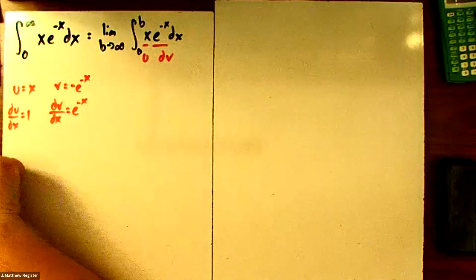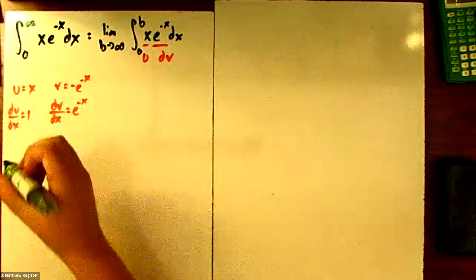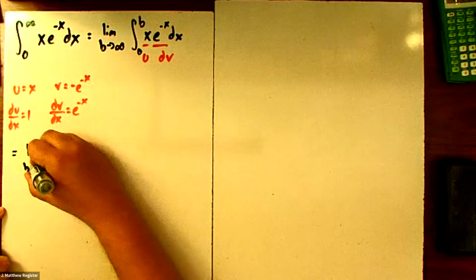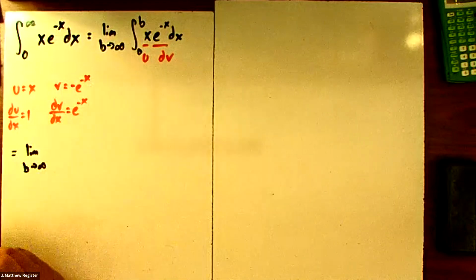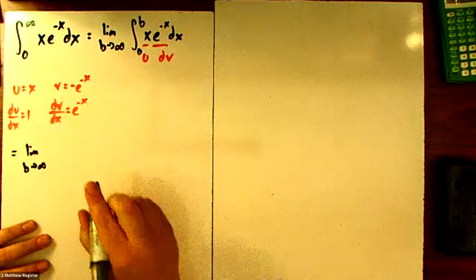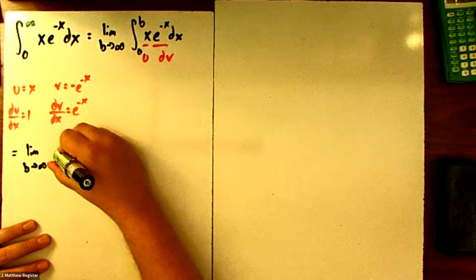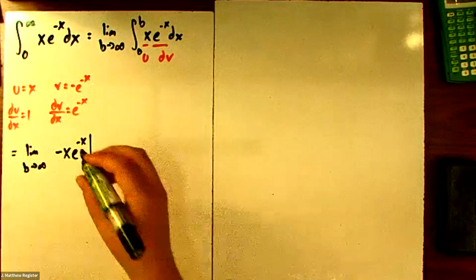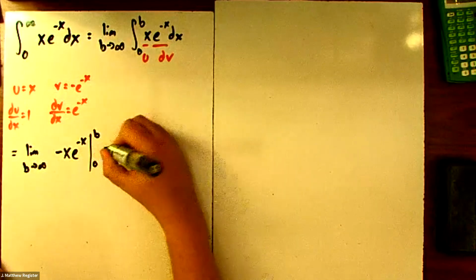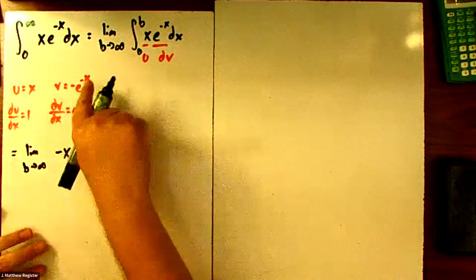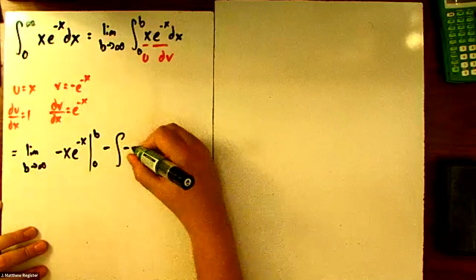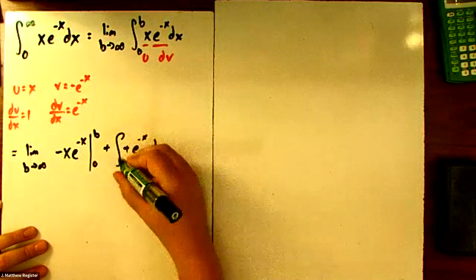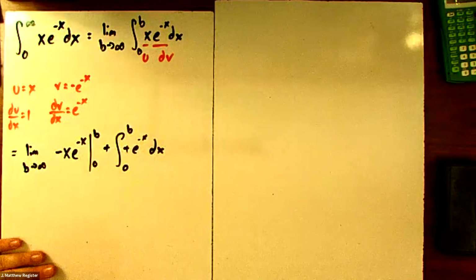And so we can now rewrite this starting integral as the limit as b goes to infinity of u times v. So u times v is negative x e to the negative x, and this would now be evaluated from 0 to b, minus the integral of v du, which is going to be a negative e to the negative x times 1, from 0 to b.